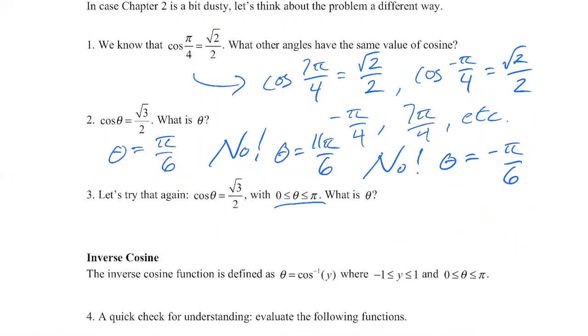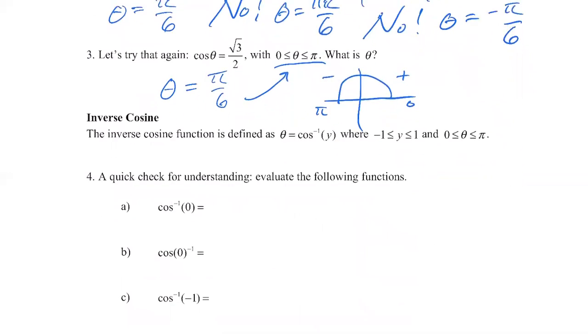Well, cleverly, this idea of theta being greater than or equal to 0 but less than or equal to pi restricts us to quadrants 1 and 2, which means that only in one quadrant is the cosine positive. So we only have one option. This means that theta must be equal to pi over 6 for that restriction of the domain.